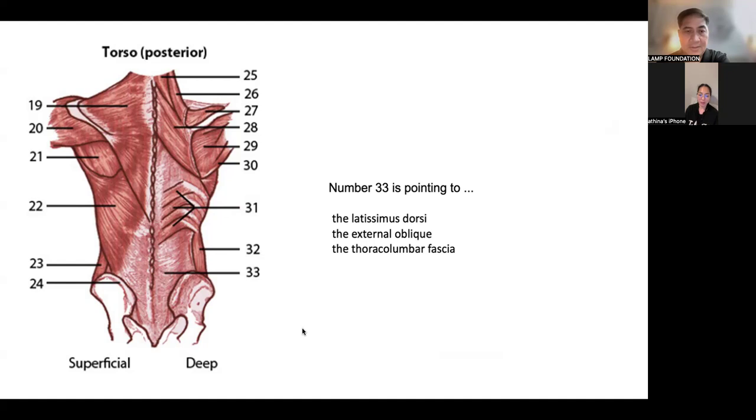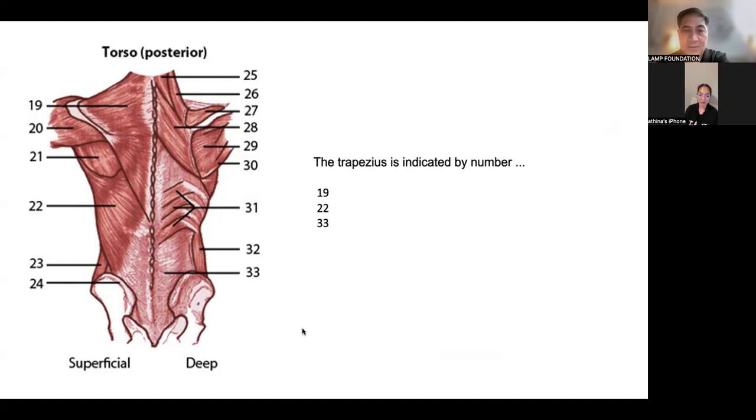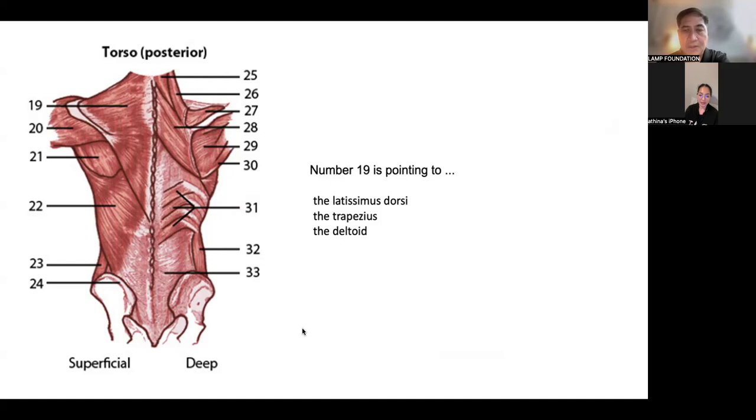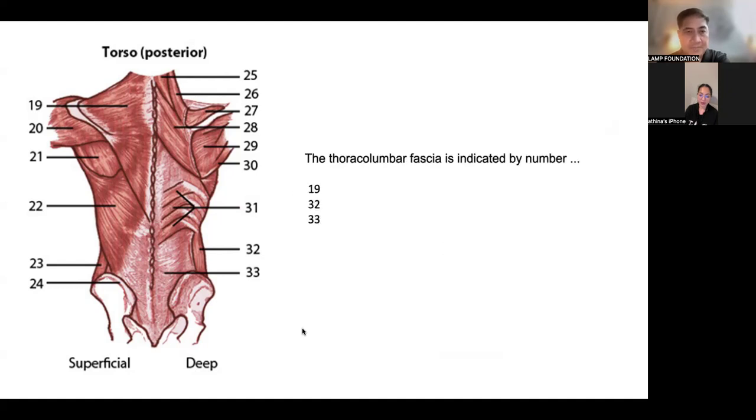The thoracolumbar fascia. Trapezius, number 19. Infraspinatus, that's number 29. The trapezius is number 19. Serratus posterior, that's number 31. Thoracolumbar fascia, number 33.